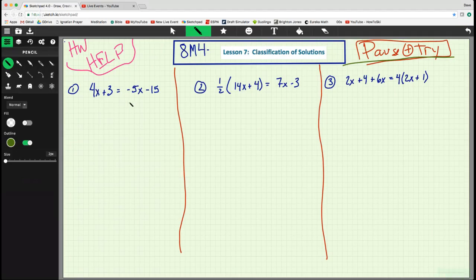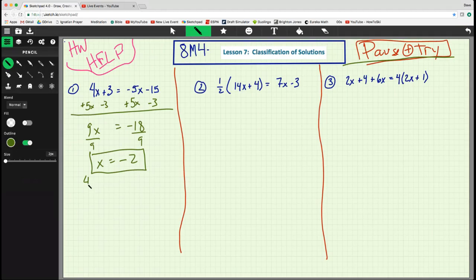Let's go. So I'm going to get my x's on the left here, which means let's get our numbers on the right. All right, so we have 9x, these cancel, equals, these cancel, minus 18, divided by 9, x equals -2.